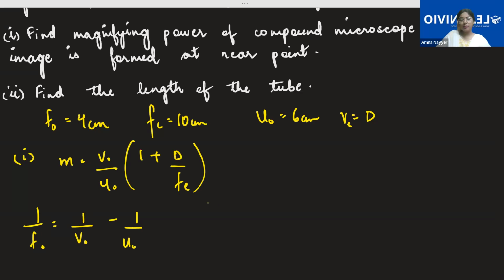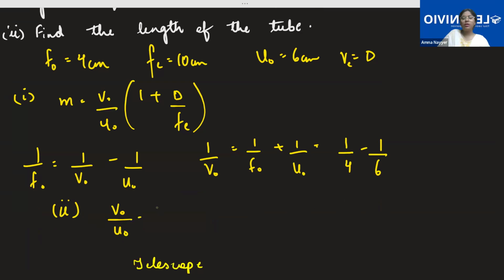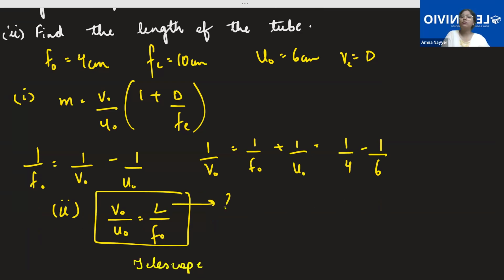So 1 by V naught will be equal to 1 by F naught plus 1 by U naught. 1 by F naught is 1 by 4, and U naught will be negative now because we are using the lens formula: minus 1 by 6. Just calculate it and see what answer comes. I think this calculation will be easier. And the length of the tube you can use directly: V naught by U naught is equal to L by F naught. Using this, you can directly get the value of length. Calculate, and others also try.